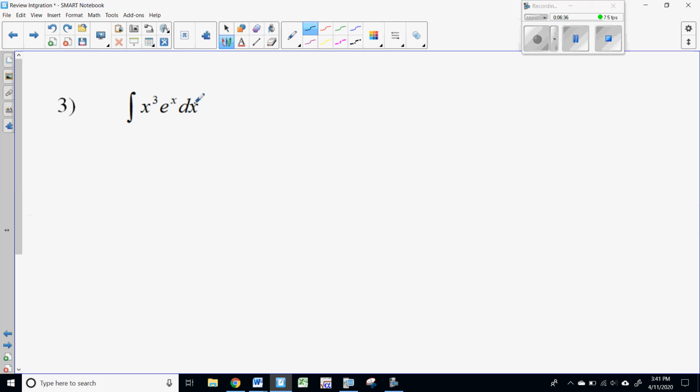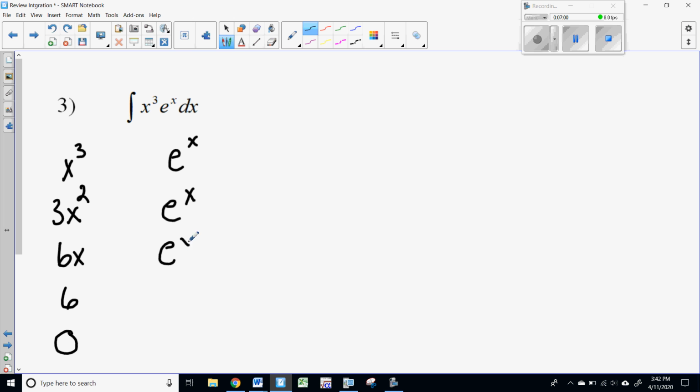So let's look at another one: x cubed e to the x. And this one we can do with the tic-tac-toe method. So we have x cubed, then 3x squared, then 6x, then 6, and then 0. If we take the antiderivative of e to the x, this is just e to the x, e to the x, e to the x, e to the x.